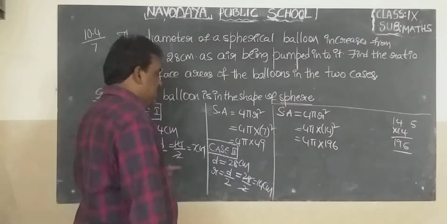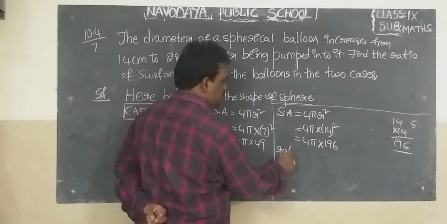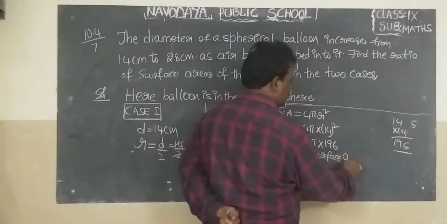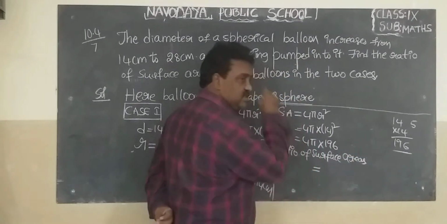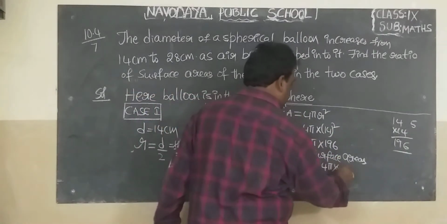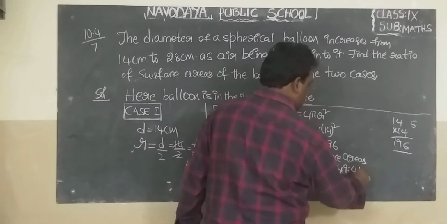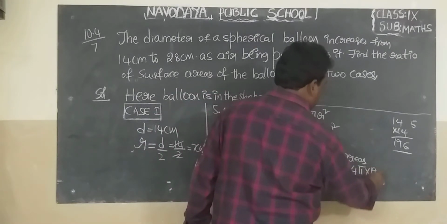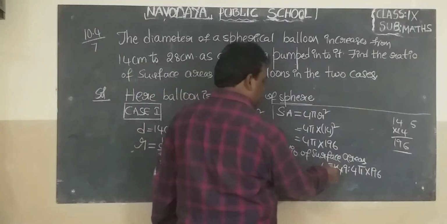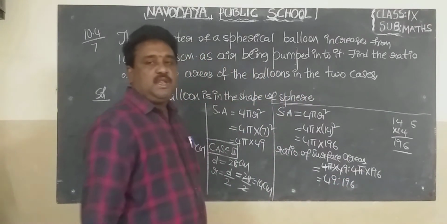So first one surface area 4 pi into 49. Second one surface area 4 pi into 196. Then the ratio of surface areas equals first one 4 pi into 49 is to second one 4 pi into 196. 4 pi cancel. 49 is to 196.